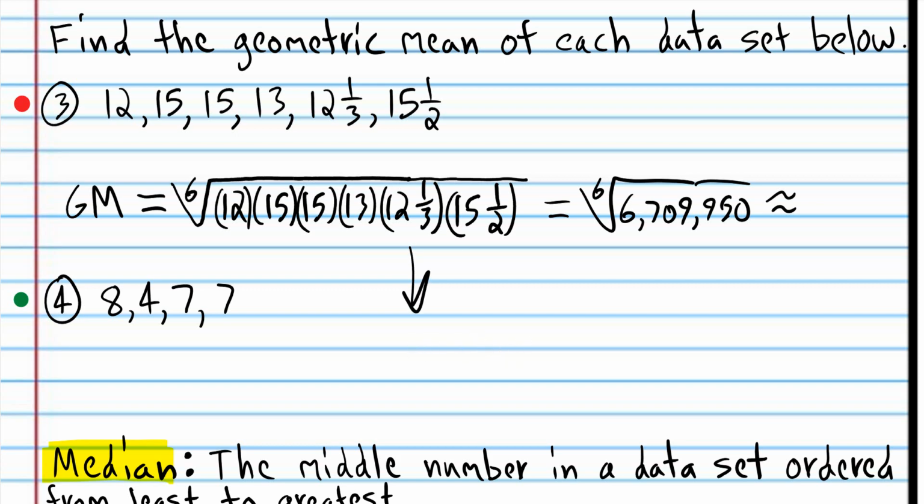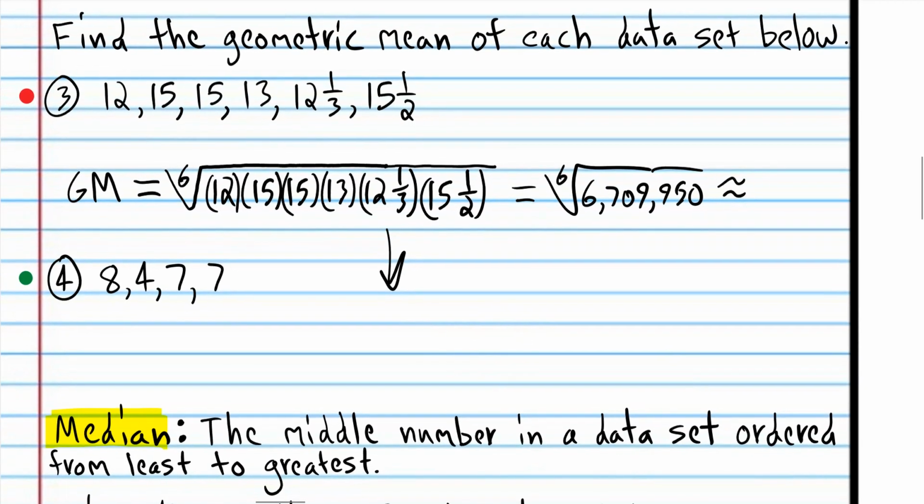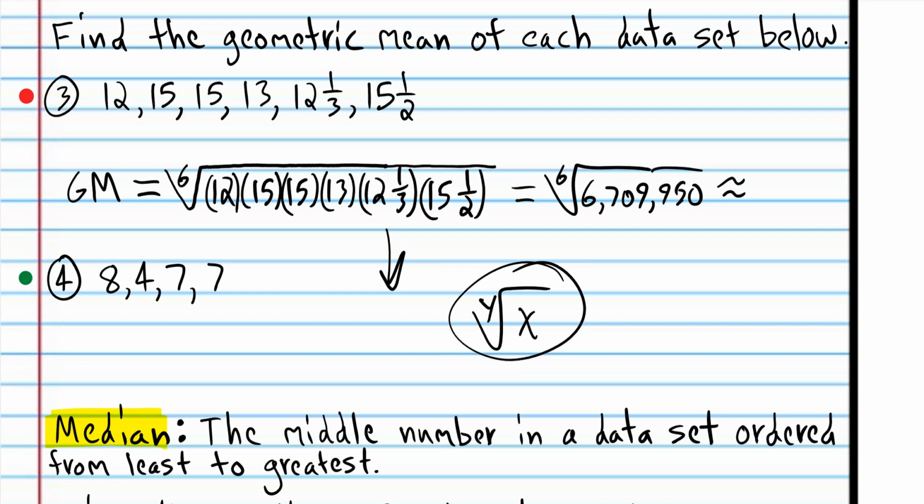It may not give you the exact number. If you're using your iPhone, you're going to push this button. It's the white root of x. That's right in the center if you rotate the phone to landscape mode.